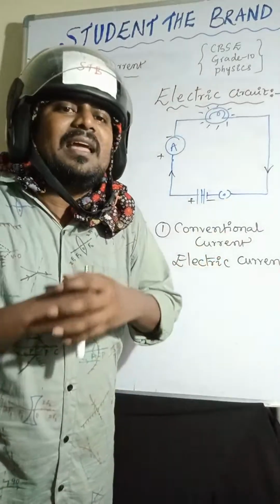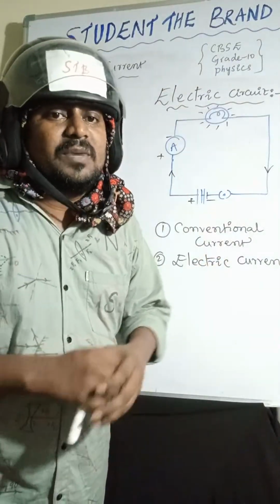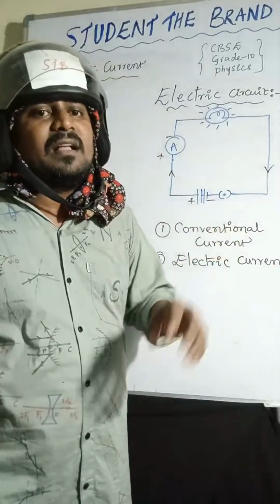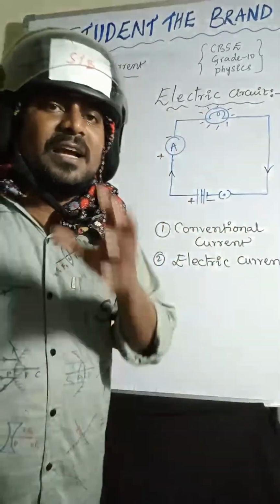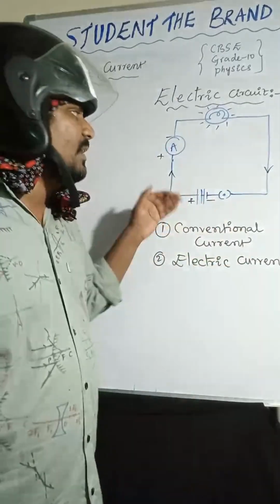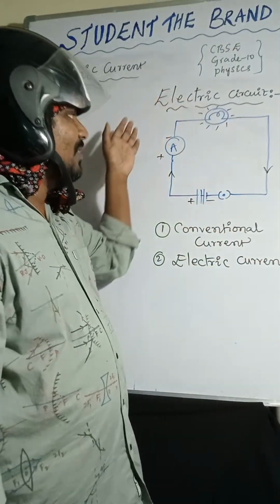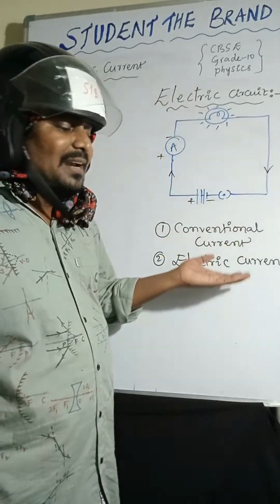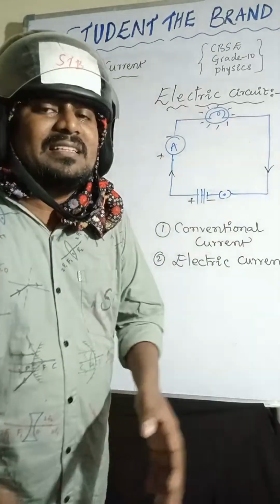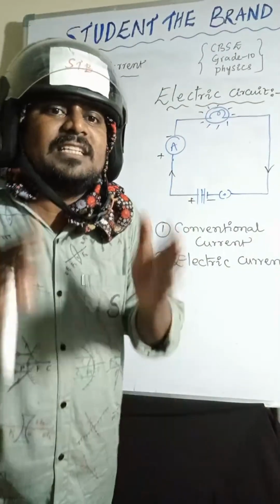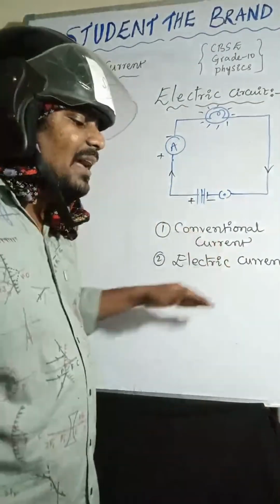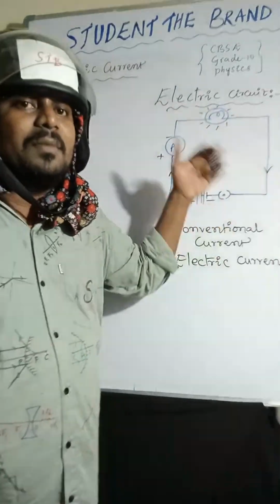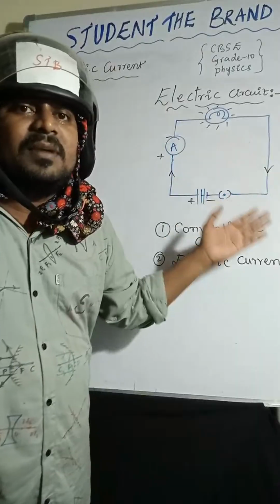But actually, because of the electrons' movement, the electric current flows inside the conductor. So conventional current is the flow of positive charges. Electric current is the flow of electrons, which are negative charges.